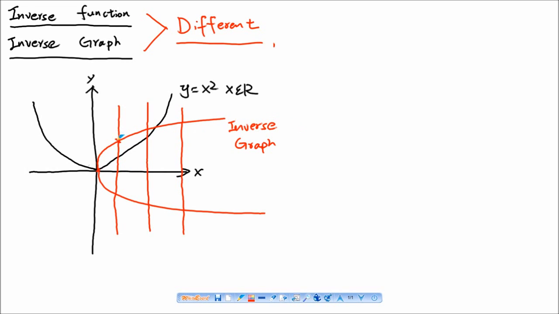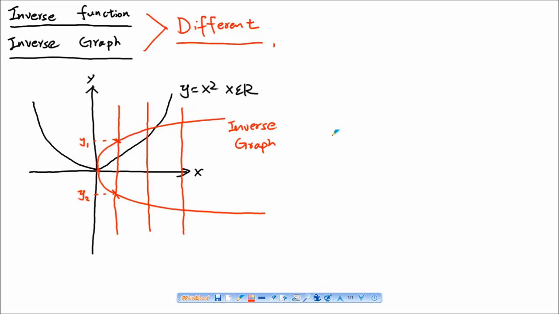If we find more than one cross between the vertical straight line and the inverse graph, then the graph is not a function, because it means for every x value, the inverse graph will give us two y values. In a function, for every one x value, the graph can only give us one y value.